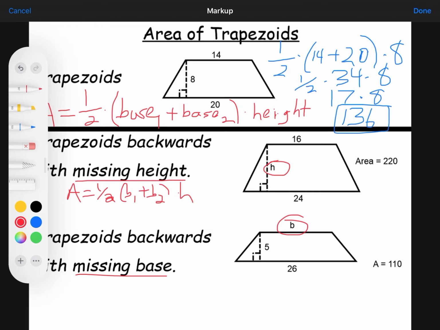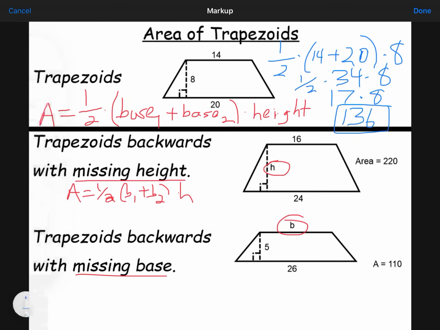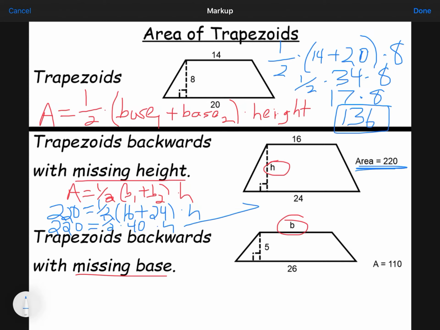What you do is you plug in everything that you have. What's the area? The area, it says here, the problem is 220. The bases, as we can see here, are 16 and 24. And the height, well, it's not there. So you do this just like the last problem. You do your parentheses first. 1/2 of 40, just like the last problem.